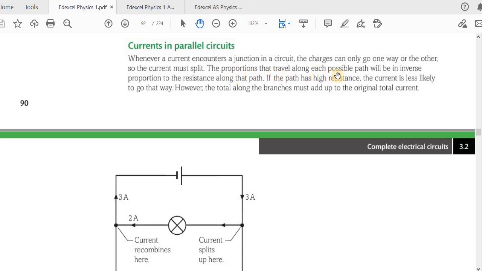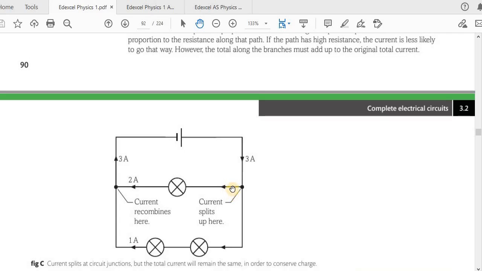The proportions that travel along each path will be in inverse proportion to the resistance along the path. I already explained that. If the path has high resistance, the current is less likely to go that way. However, the total along the branches must add up to the original total current. So you can think of it like this. A high resistance path, like what you see here, is a path where there is a lot of potholes on the road.